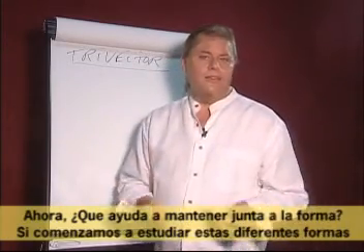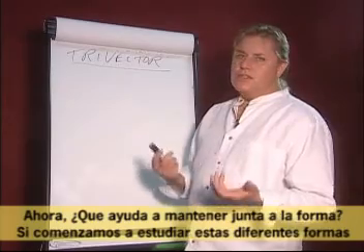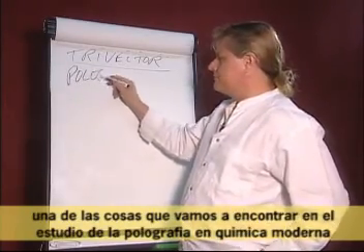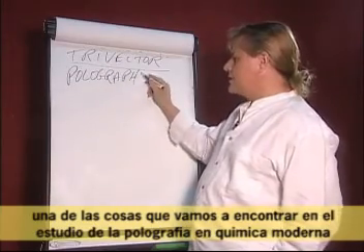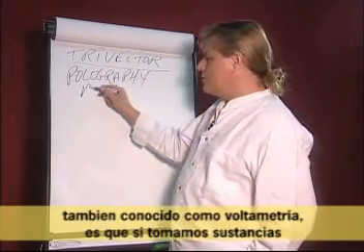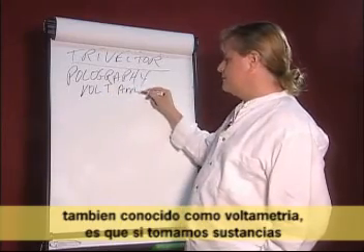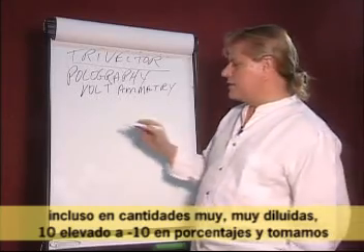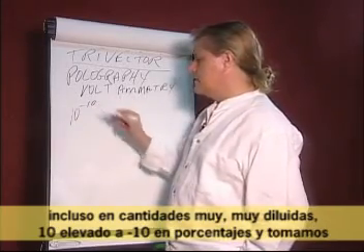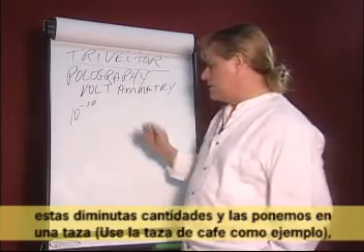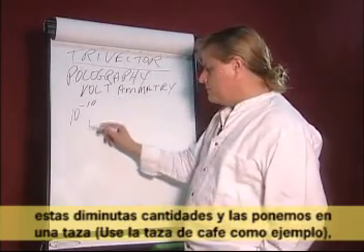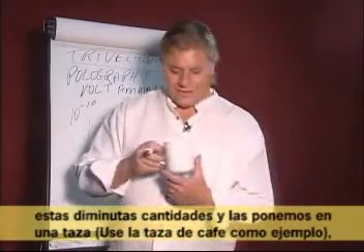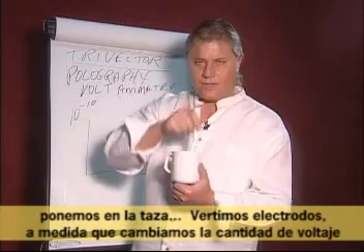Now, what helps hold together this shape? If we start to study these different shapes, one of the things we're going to find in the study of polarography, in modern chemistry, it's also known as voltammetry, is that if we take substances, even at very, very dilute quantities, 10 to the minus 10th in percentages, and we put these very small quantities into a bowl, I used a coffee cup as an example, and we put in 2 electrodes.